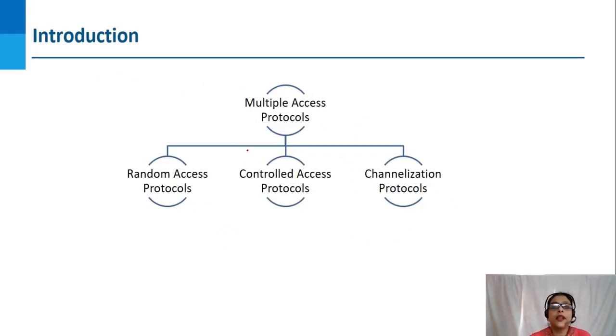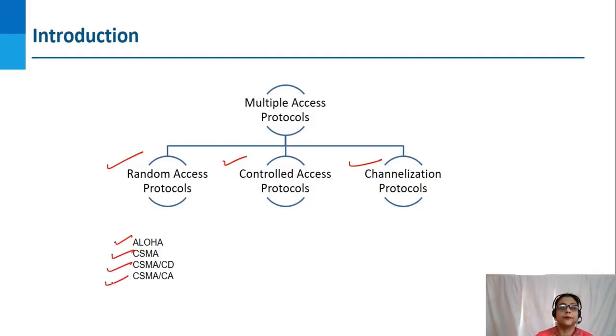Now for multiple access protocols, we have three different types of protocols. One is the random access protocols, second is the control access protocols, third is the channelization protocols. In random access protocol, we have the protocols such as ALOHA, CSMA, CSMA CD and CSMA CA. So in this video, we are going to learn in detail about the random access protocols.